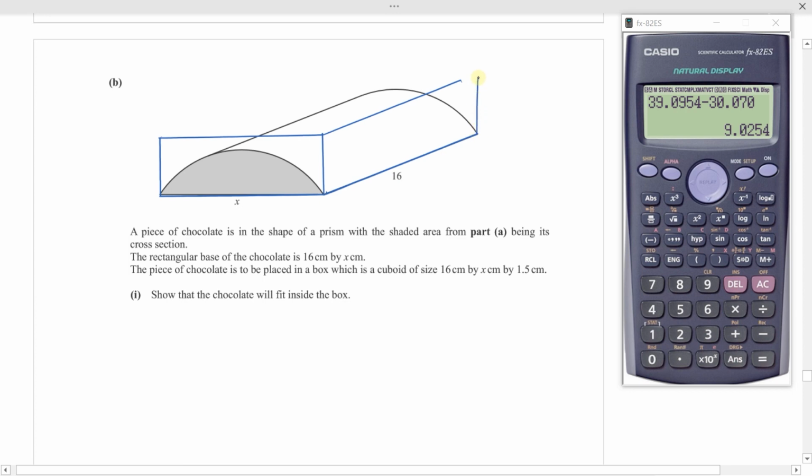So this is your cuboid box in which you are trying to pack this.